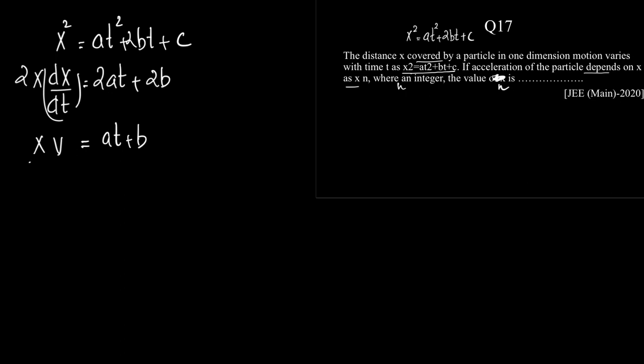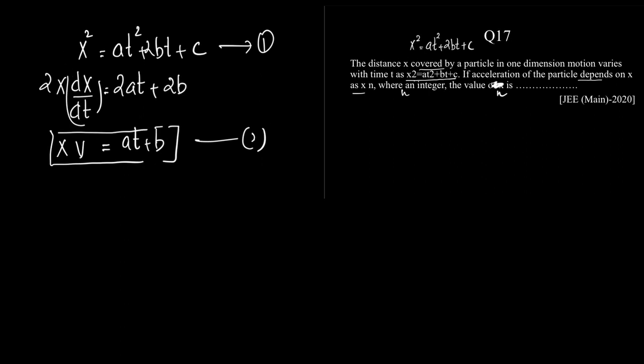So this was equation number 1. Let me say this is equation number 2. So if I differentiate this further, what do we get? Now we need to use the product rule, which is d by dt of u into v is u v dash plus v u dash.